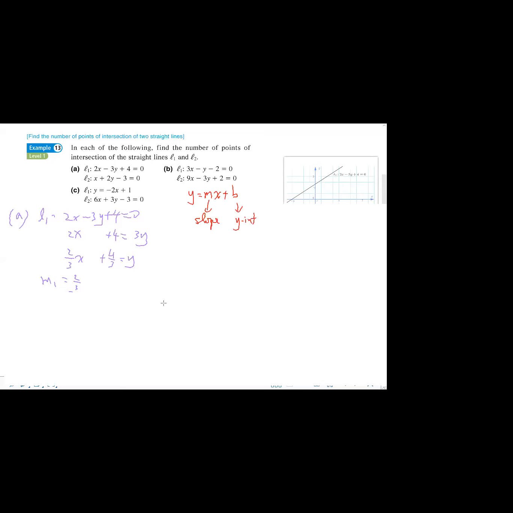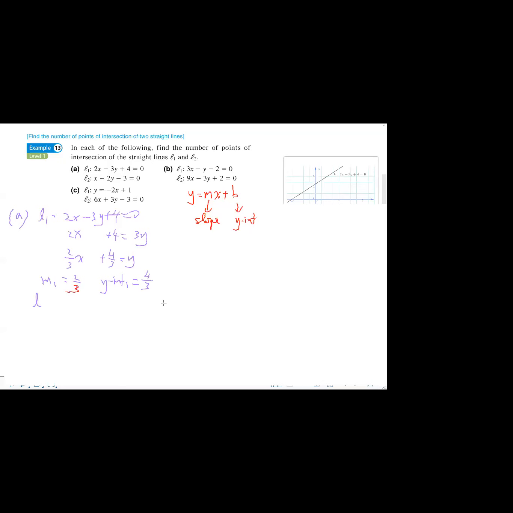For the form y equals mx plus b, it is very good for us to do the comparison, because when y is the subject, we can identify the values of the slope and the y-intercept directly. So m1 is equal to 2 over 3, and y-intercept 1 is equal to 4 over 3.